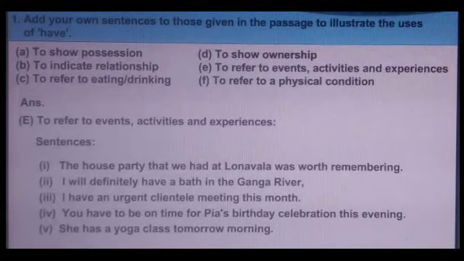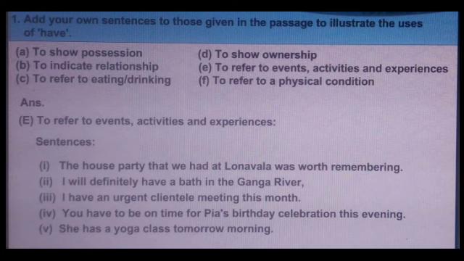The next few examples refer to certain events, activities and experiences. Now let us see how have is used in different sentences in order to refer to some events, activities and experiences. The first one is, the house party that we had at Lonavala was worth remembering. That is an experience.